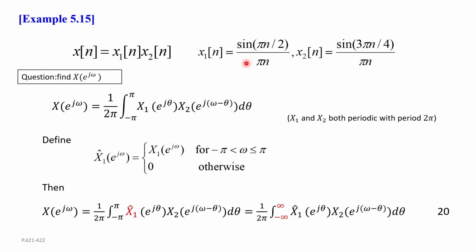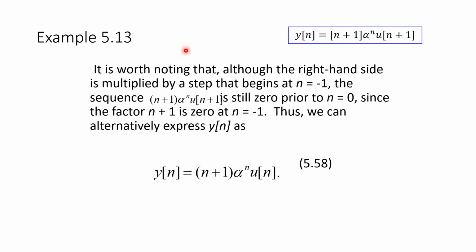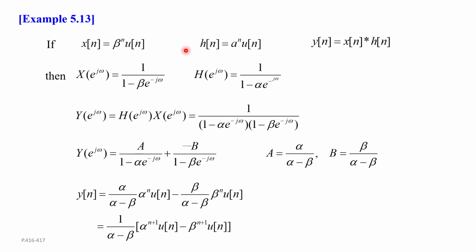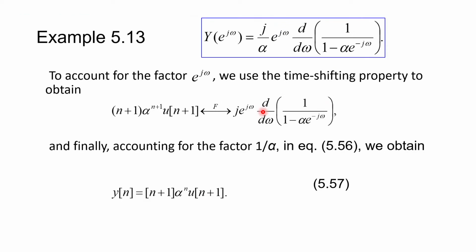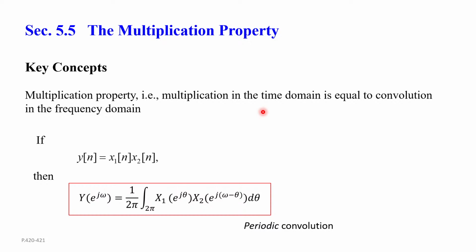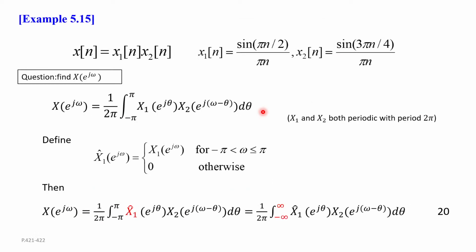So if you have a sinc in the time domain, it will be a low pass filter in the frequency domain, which is also a square wave function. Okay. So we have two low pass filters multiplying each other in the time domain, and let's see what happens in the frequency domain. Okay, and it should be this convolution.